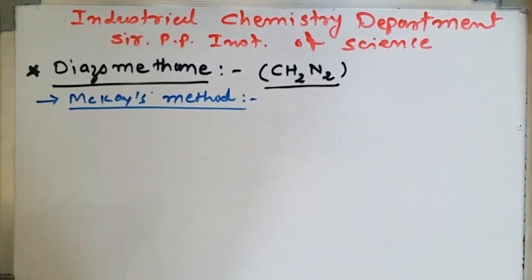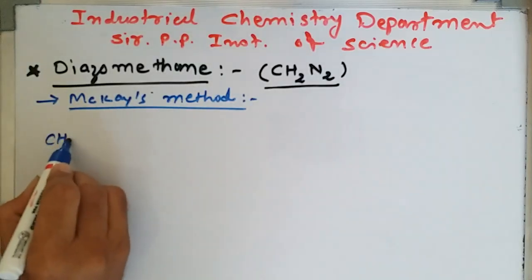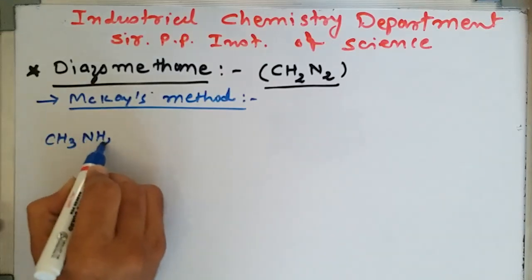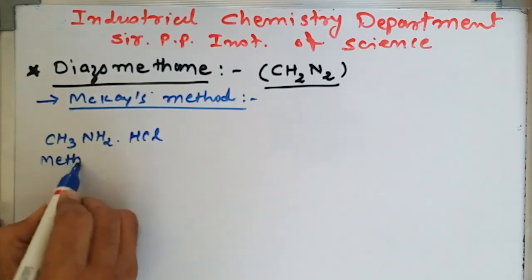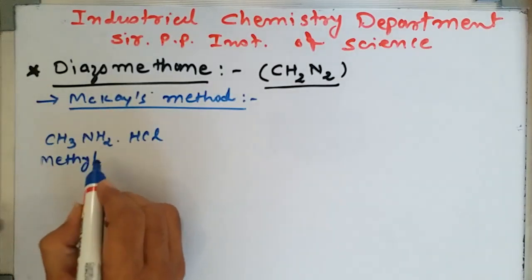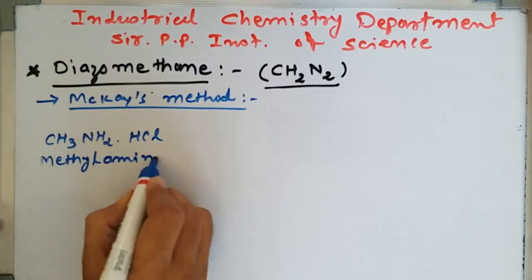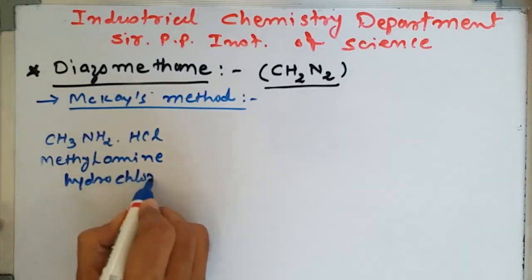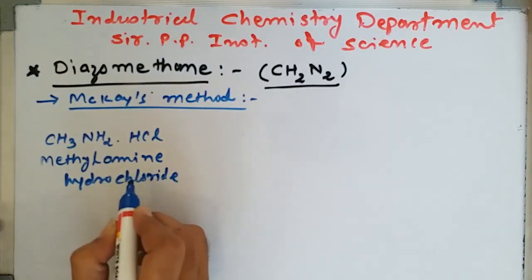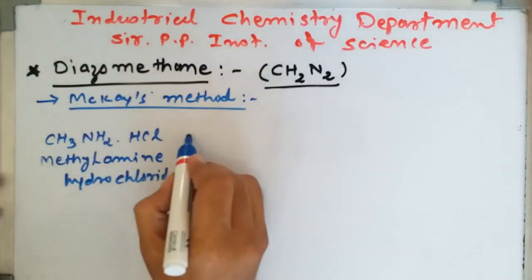In this method, methylamine hydrochloride, CH3NH2.HCl, and nitroguanidine are used.